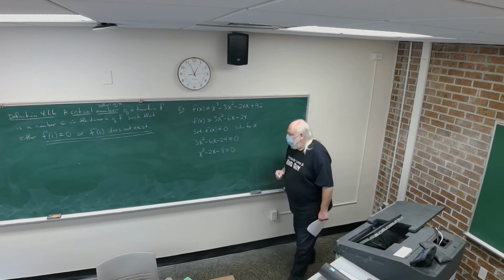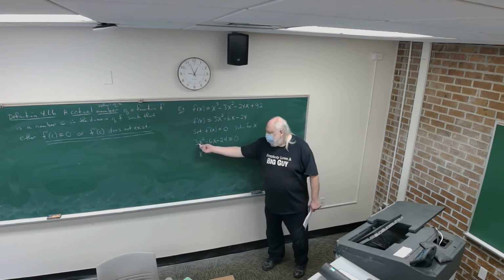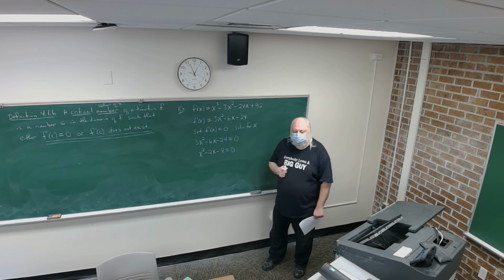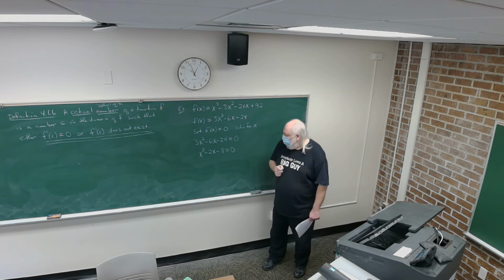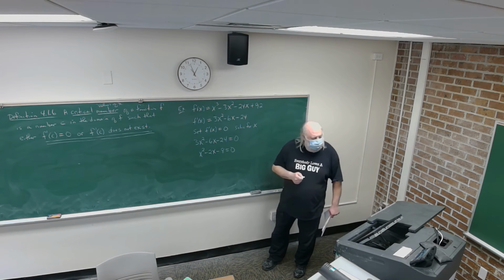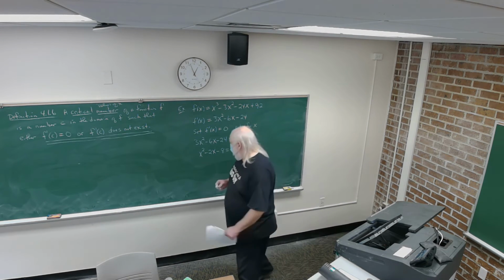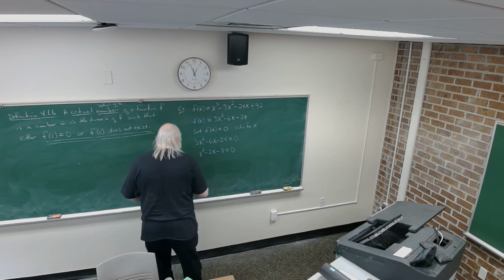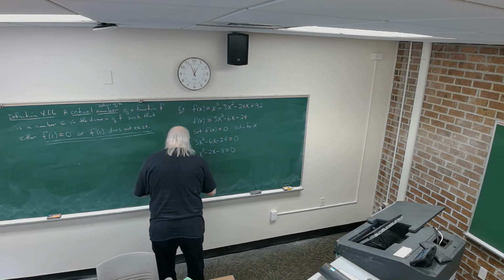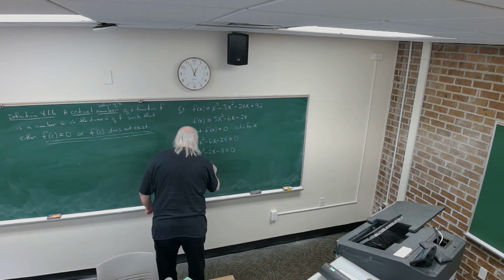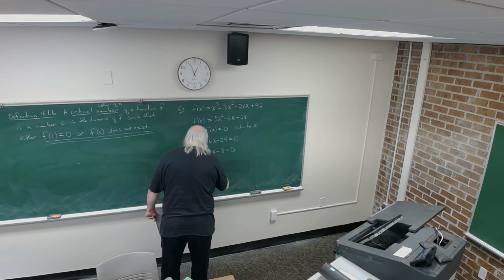So when I divide each term by 3, you follow what I just did? Okay. And now it makes it easier for me to factor. And so the left-hand side factors into x plus 2 times x minus 4.